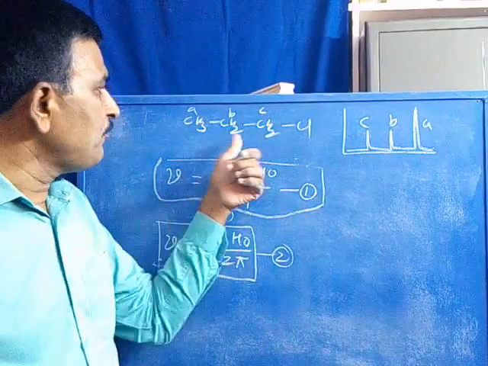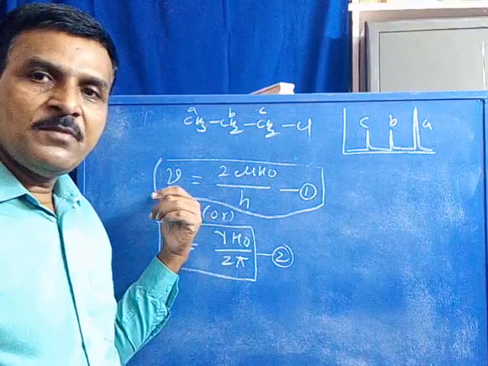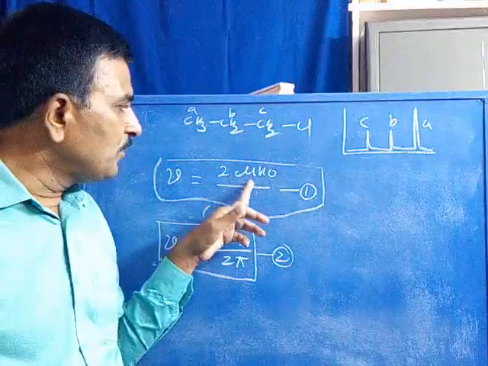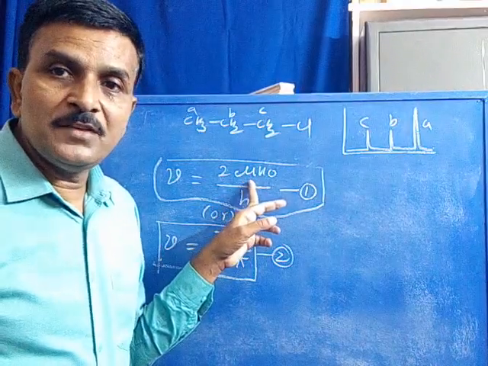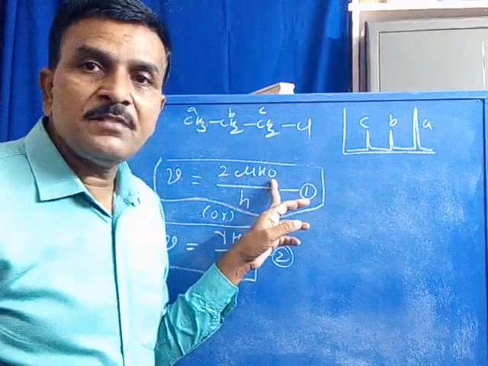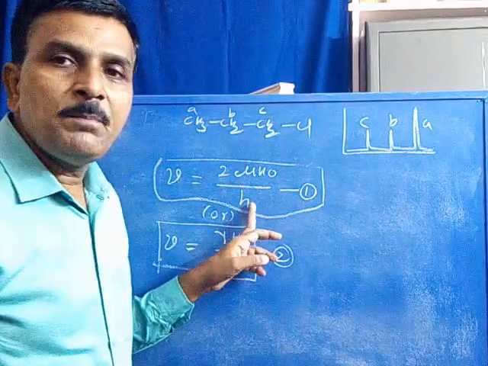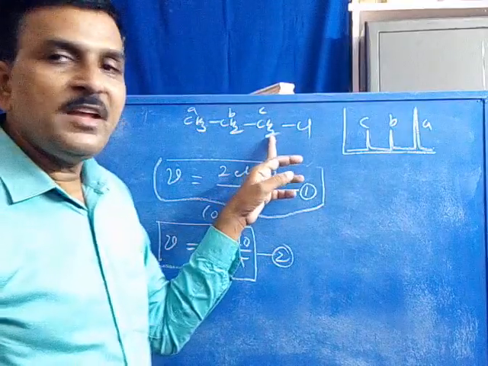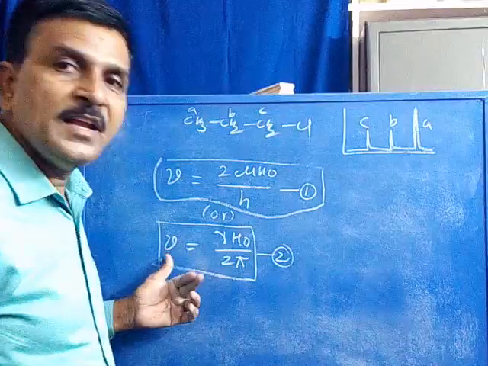Similarly, if you want to calculate the B set of protons' frequency, the frequency of the middle CH2 is equal to the secondary magnetic field produced by the middle CH2 protons and the extent of magnetic field applied to the middle protons, divided by the Planck constant. In the same way, the C set can be calculated, or we can also use the second equation.